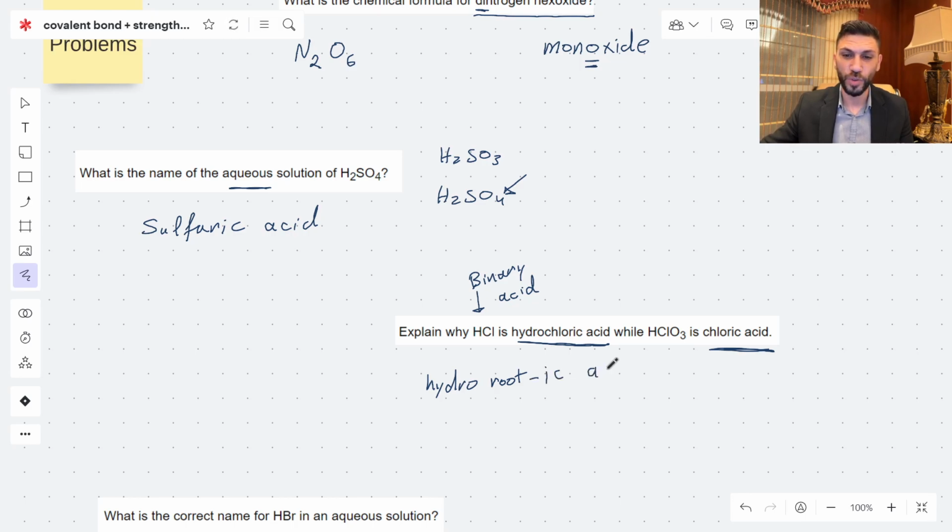And then the second word is going to be acid. Whereas the chloric acid, because this one is the higher oxygen, it's not perchloric acid, it's only the chloric acid. Perchloric acid is going to be HClO4. And the one below, or when we remove one oxygen, is going to be HClO2. This is the chlorous acid. And when we have the HClO, this is the hypochlorous acid.